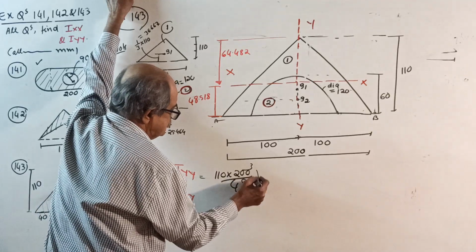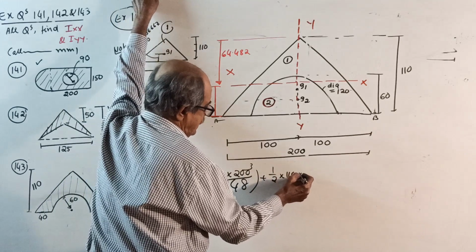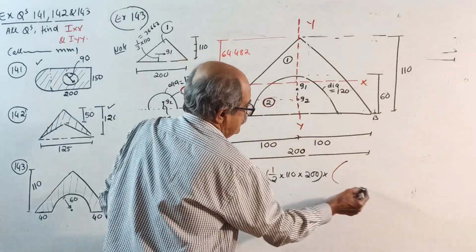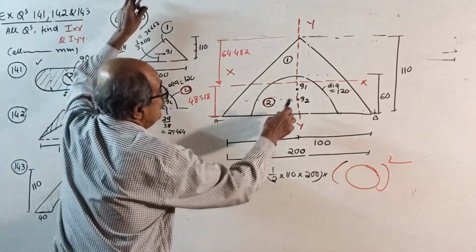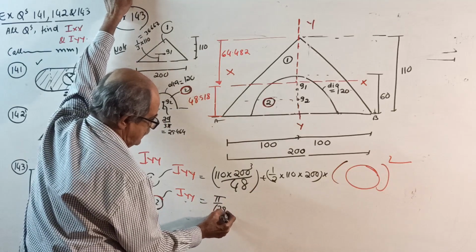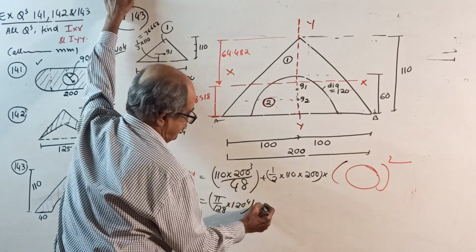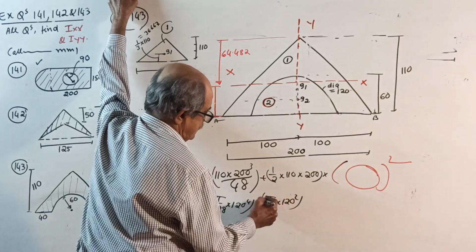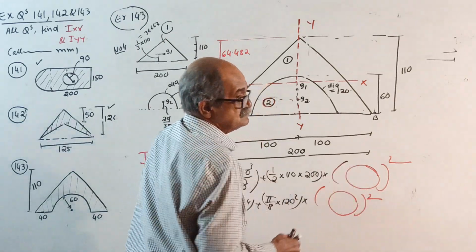Why 48? Search yourself only. Plus half into 110 into 200 is the area into 0 square. Next, Iyy for this one. About its own YY. Pi by 128 into 120 power 4 plus pi by 8 into 120 square into 0 square.